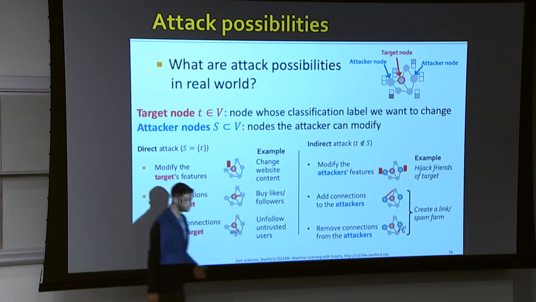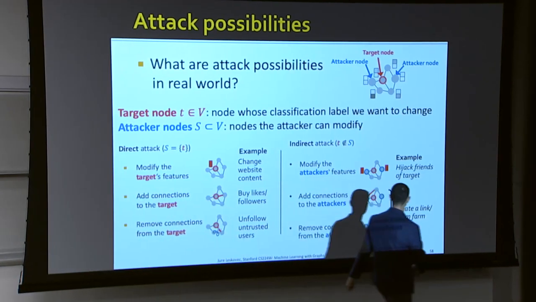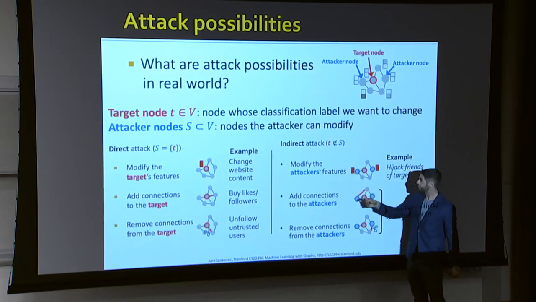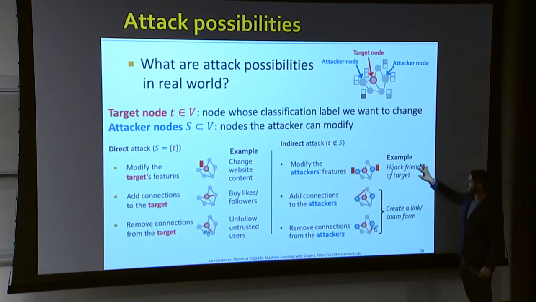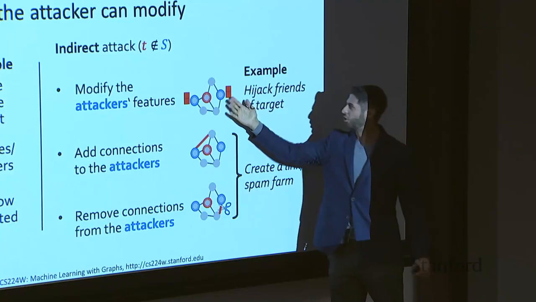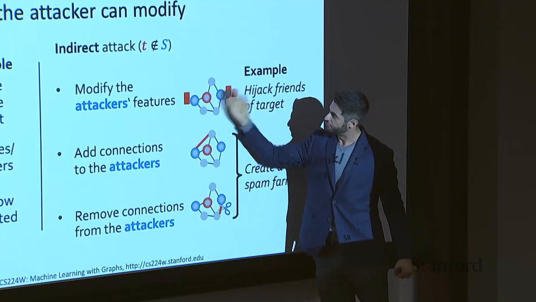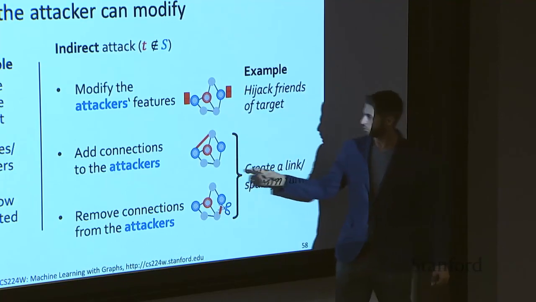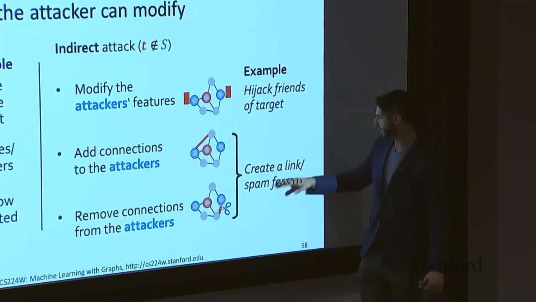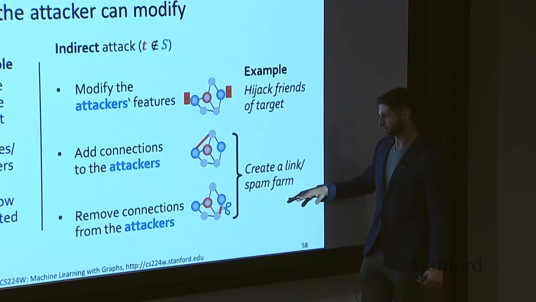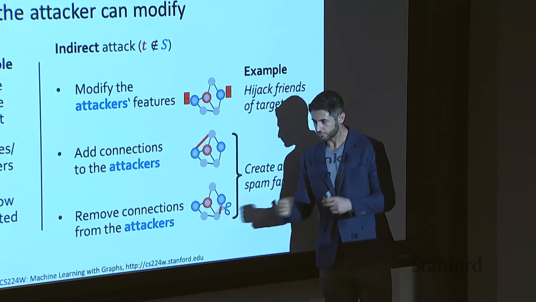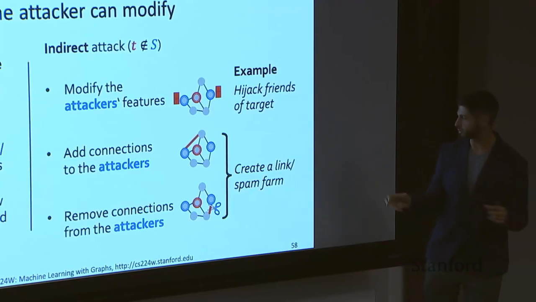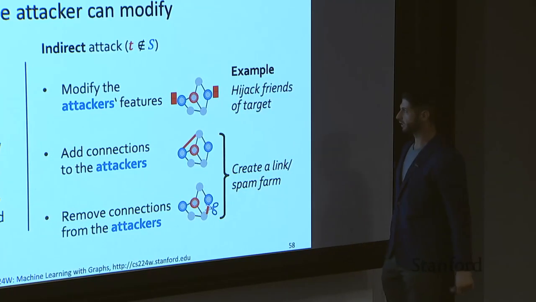And the indirect ones instead are coming from our attacker nodes. For example, we can try to change the attacker's features, or we actually follow our target node and then change our own features. Similarly, we can add connections to the attacker by creating a link or spam farm. So these are basically the different knobs that we can tune. We can add and remove edges, we can change features.